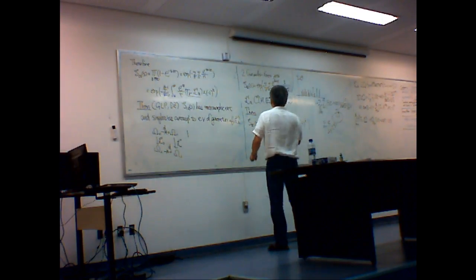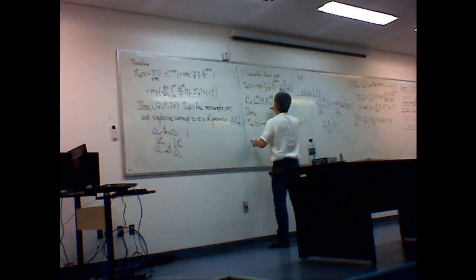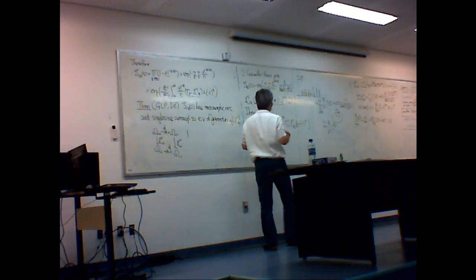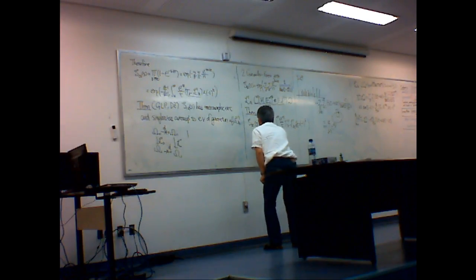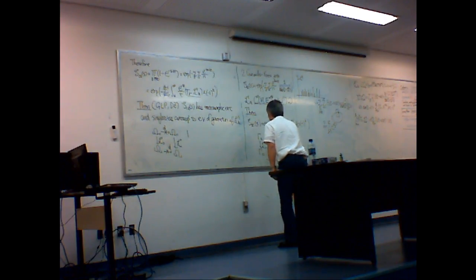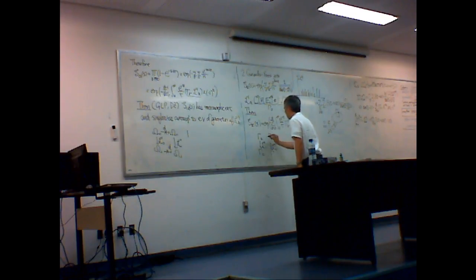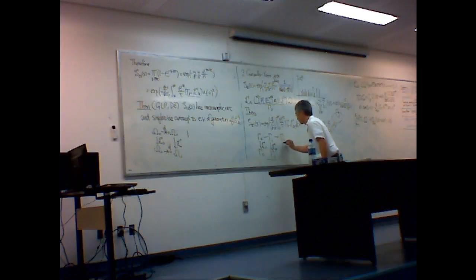Let us write this, and gamma 0. So we have gamma mapping, or the transfer operator, at level 0, level 1, and level 2.